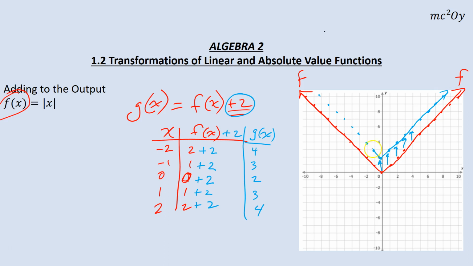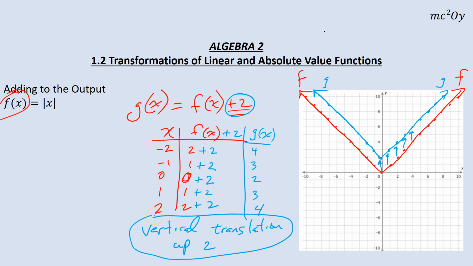Okay, so when you add to the output, it actually moves our graph vertically. This was a vertical translation up 2.